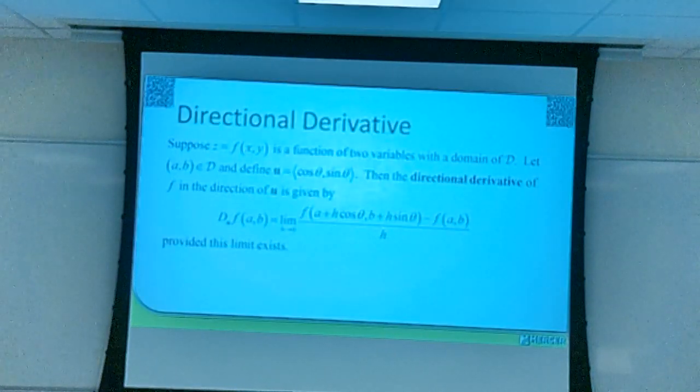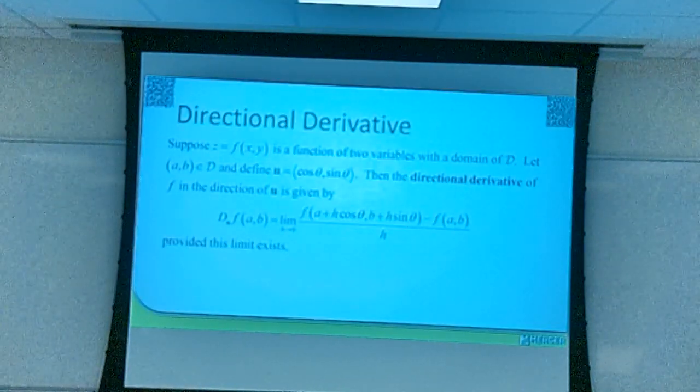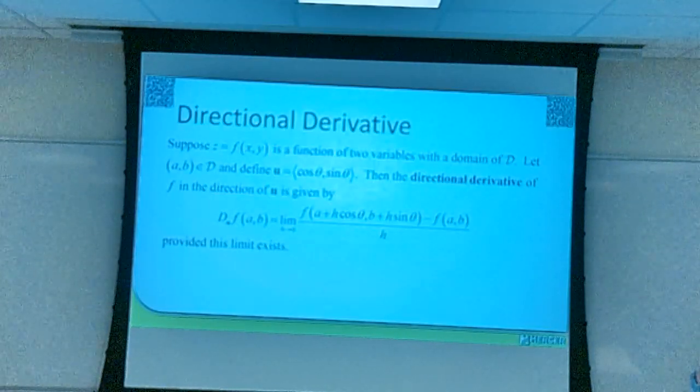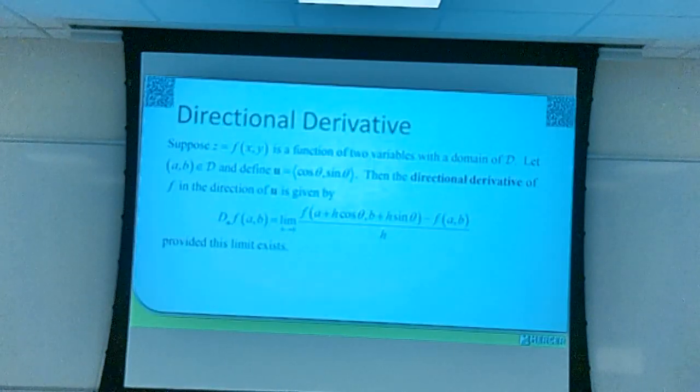And this is your directional derivative. I think I only define that for two variables. Again, it's a limit as h approaches 0, right? And notice that now both variables are changing. And this can be extended to more than two variables.